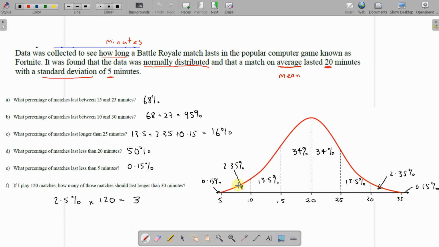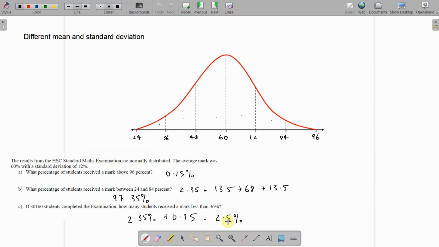So we've got the last two divisions, 2.35 and 0.15. Okay, so that's a percent. So to get the answer, 2.5% is the percentage times how many people? 30,160.